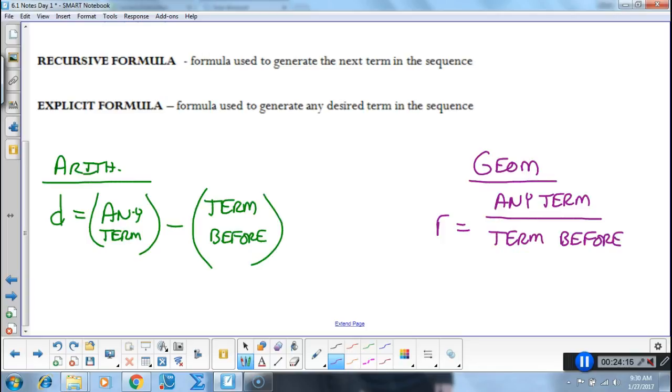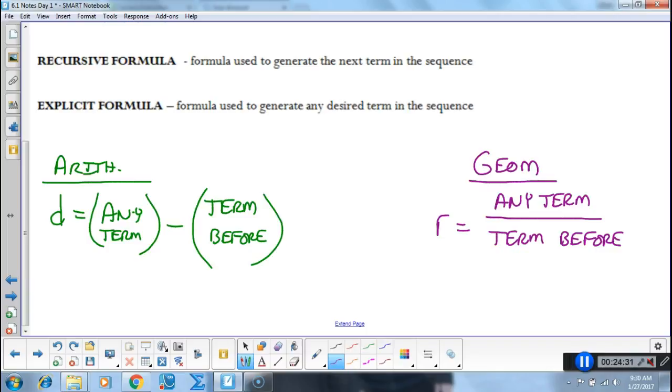So D is subtract: you take any term and subtract the term right before it. R, take the term and divide it by the term right before it.